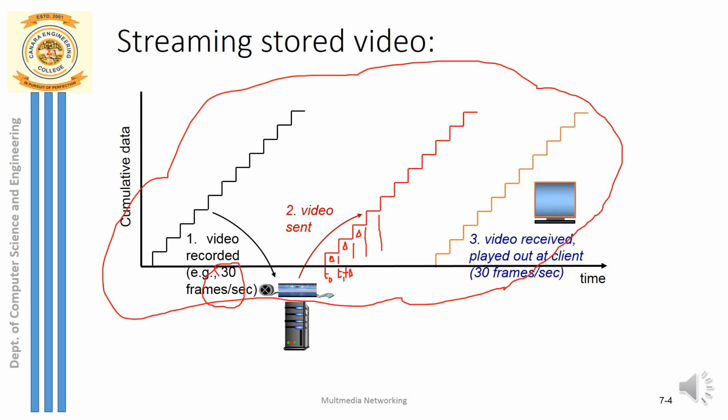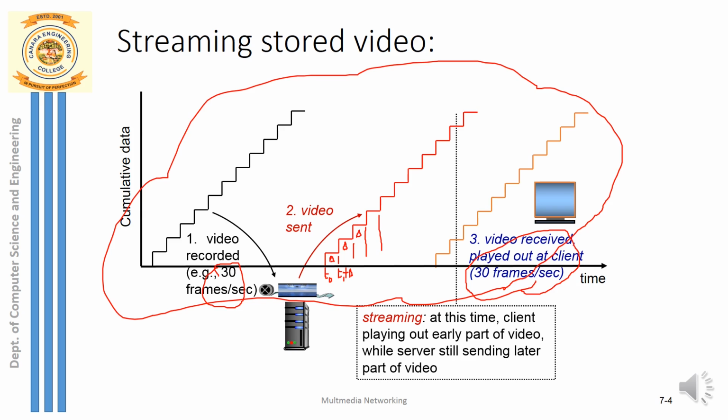The video sending rate, the client's receiving rate, and the client's playout rate are synchronized and matching. There is no delay, and you call it the idealized or perfect playout of video.